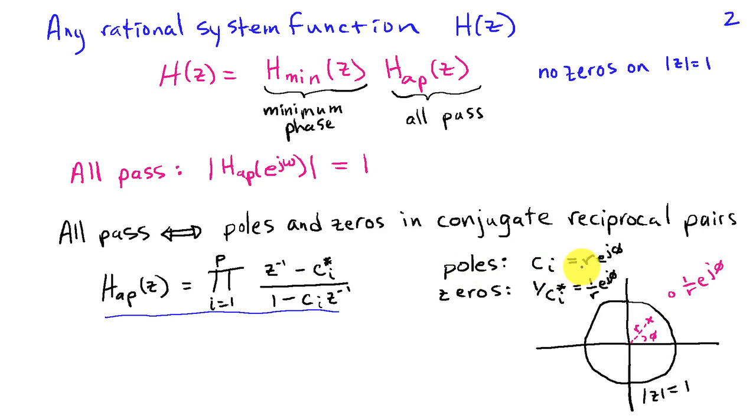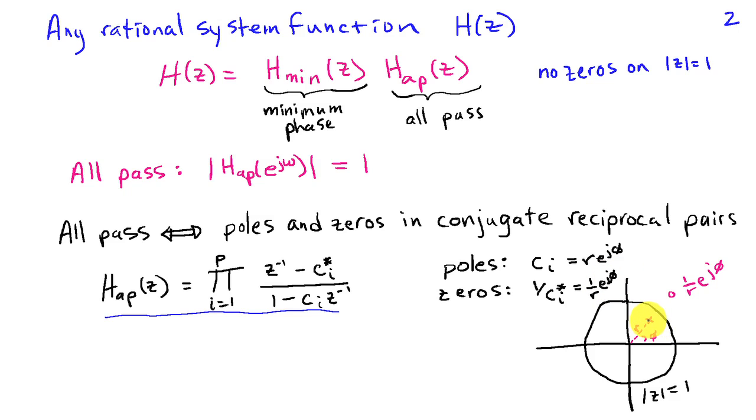If I have a pole at c sub i and I write that in polar notation so that the pole has magnitude r and phase angle phi, as I've drawn on this picture of the z-plane, then when I look at where the zero would need to be located to be in a conjugate reciprocal pair, I end up inverting the magnitude of the pole, but the angle stays the same, because the conjugate is going to change j to minus j, but that's in the denominator, so the phase ends up being back at phi.